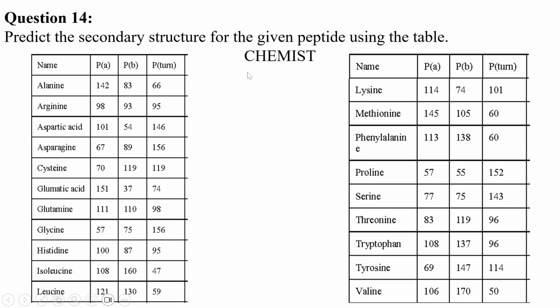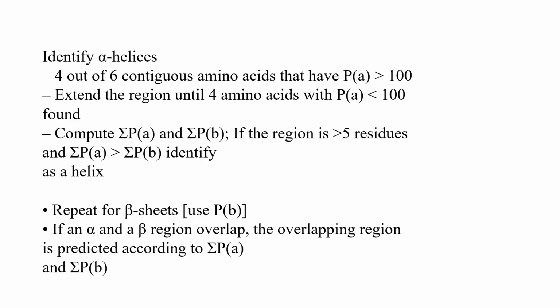So what is C? C is cysteine. So I can see the probability of it becoming alpha helix is less than 100, but for it to become beta sheet or turn is more than 100. Like that I will see for each and every amino acid. So what is the rule?